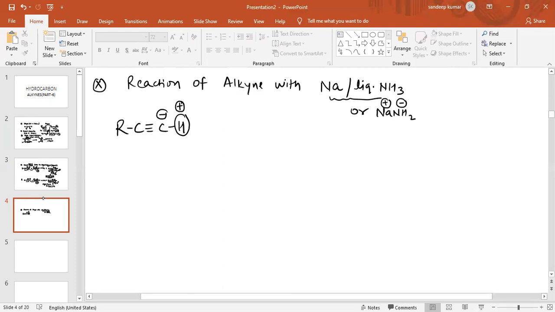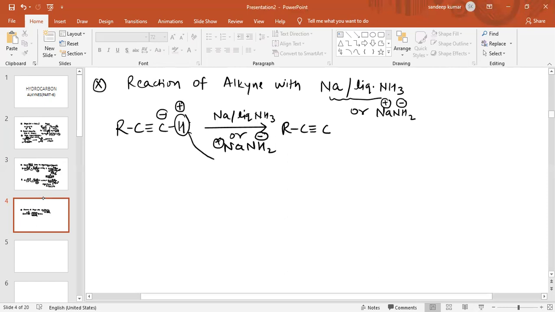So in the reaction with sodium and liquid ammonia, the acidic hydrogen of R, C triple bond C, H will react with NaNH2, where NH2 carries a minus charge and sodium a plus charge.